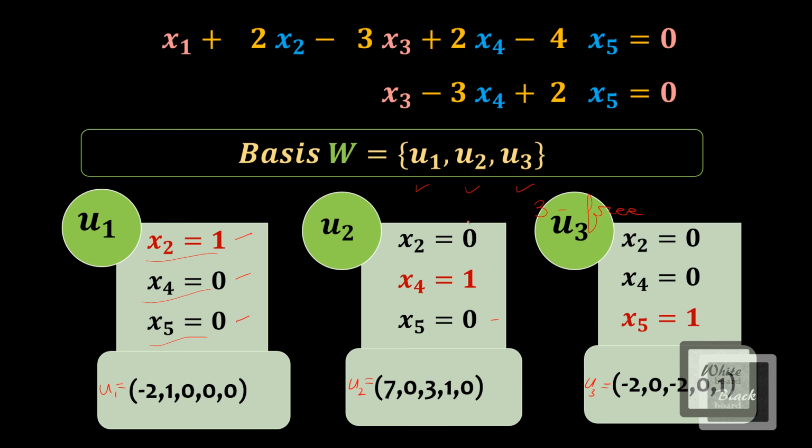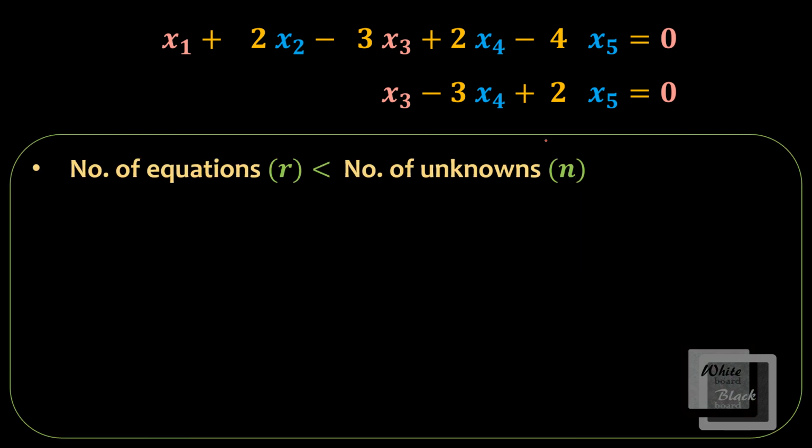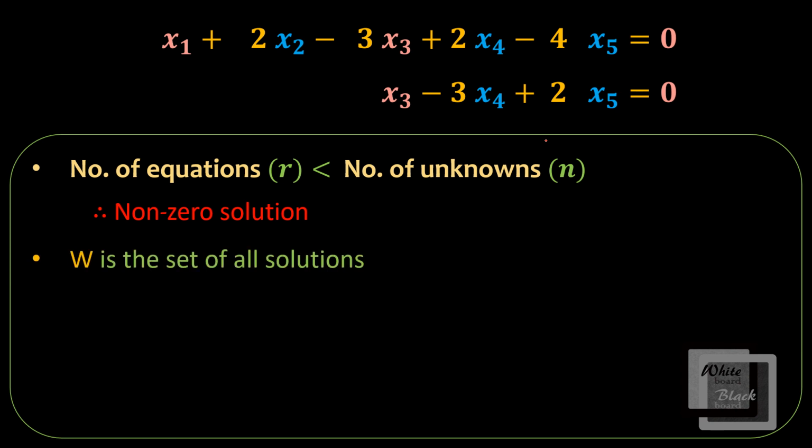So you have three vectors u1, u2 and u3. These three are the basic solutions of this homogeneous system of linear equations. So I will conclude that the number of equations is less than the number of unknowns, therefore there is a non-zero solution. W is the set of all solutions, infinitely many solutions including 0.